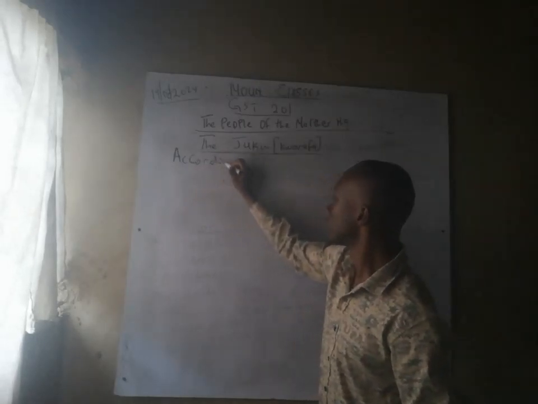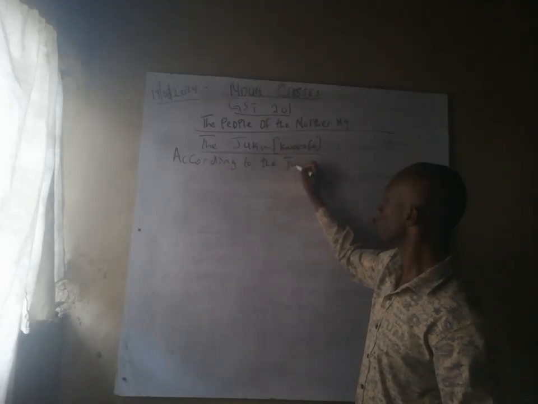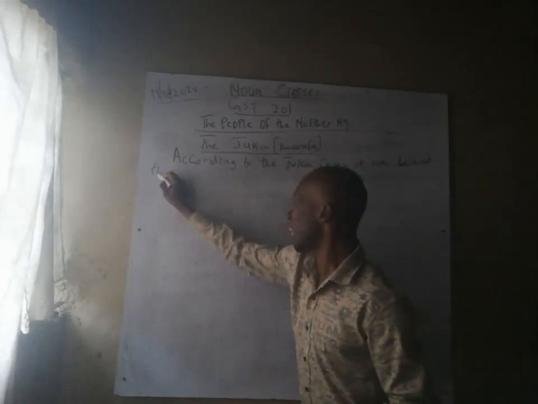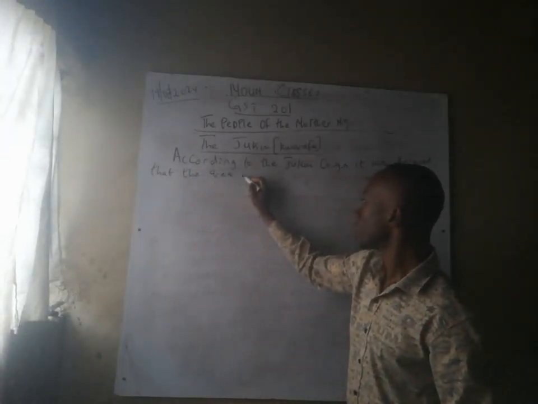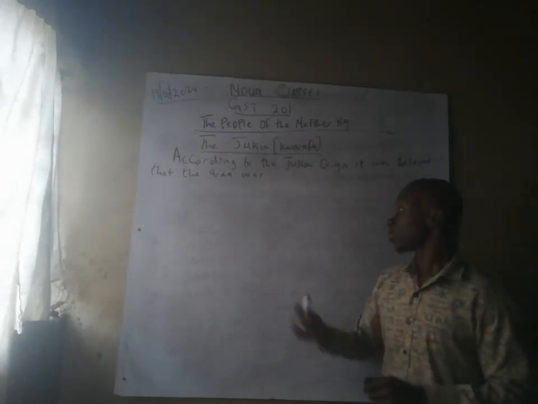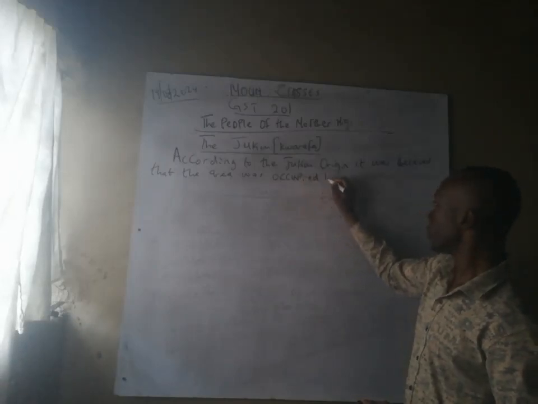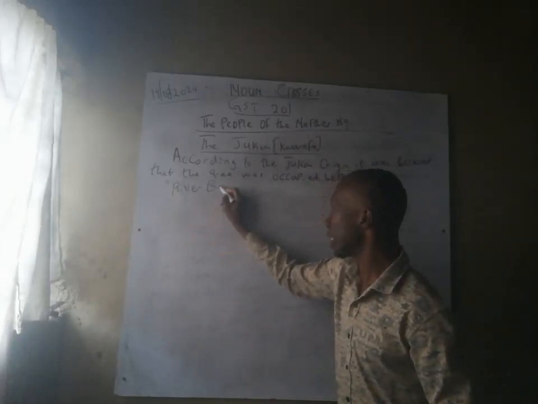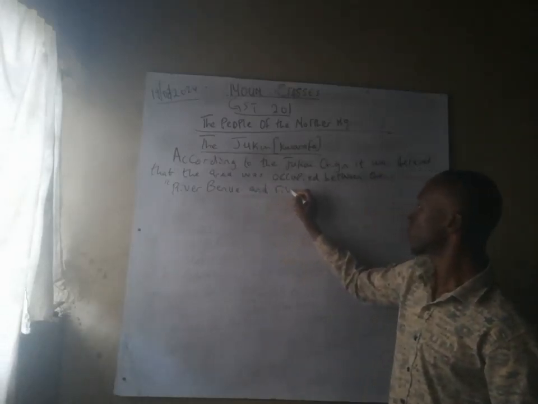According to the Jukun origin, it was believed that the area was occupied between river Benue and river Ibi in Gongola State.